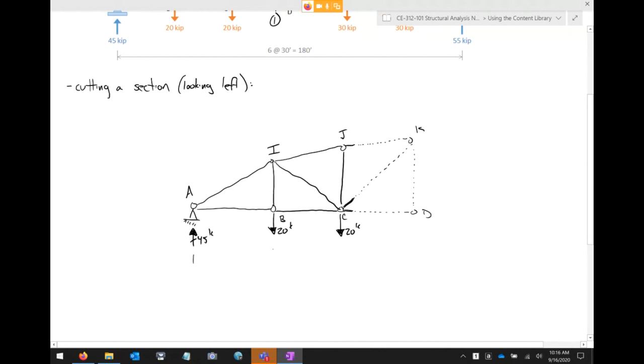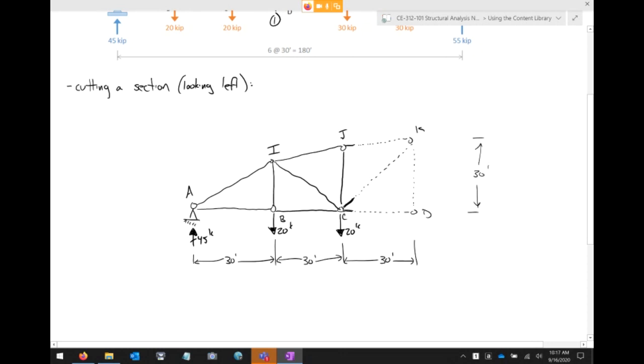And then let's go ahead and put our dimensions. 30 feet, 30 feet, 30 feet. And then we have this dimension here. That dimension's also 30 feet.